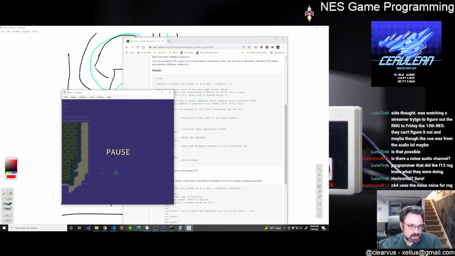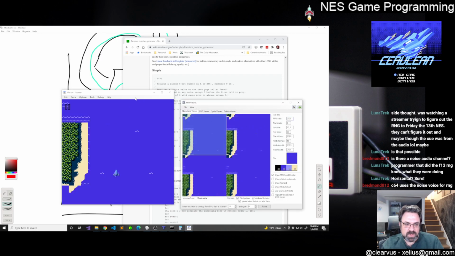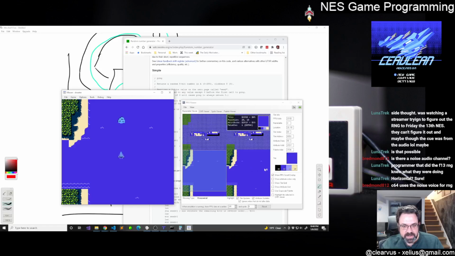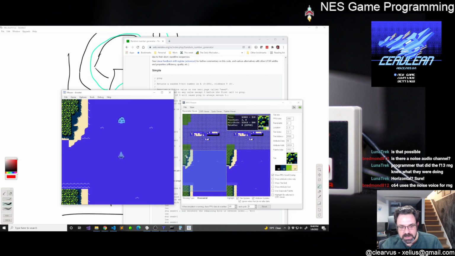So Lunatrek, I'm not sure what your challenge with scrolling is specifically, but I'm scrolling vertically, and the concept is essentially the same. If we restart the game here for a moment, what's happening is I have horizontal mirroring because I'm scrolling vertically. I've got my window set with the scroll register.